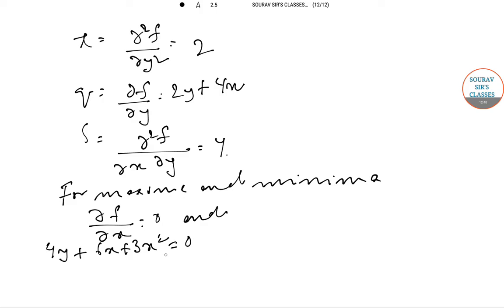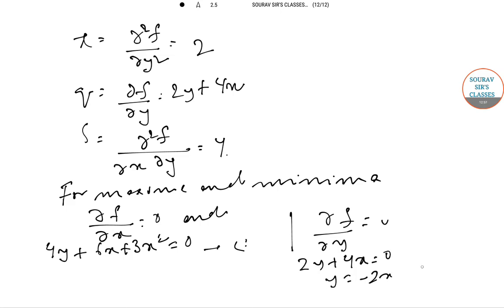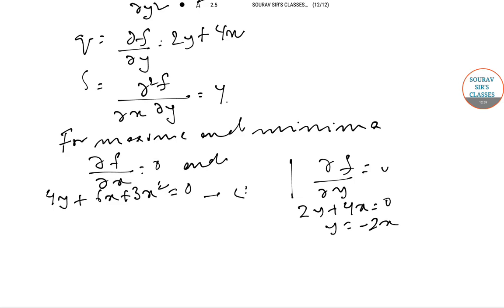Also that becomes your 1, and then your del f by del y is 0, and 2y plus 4x is equal to 0, so y is equal to minus 2x. This is the second equation.